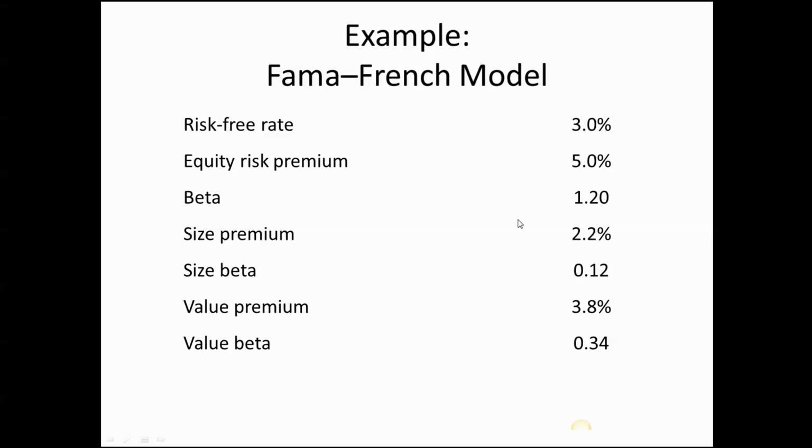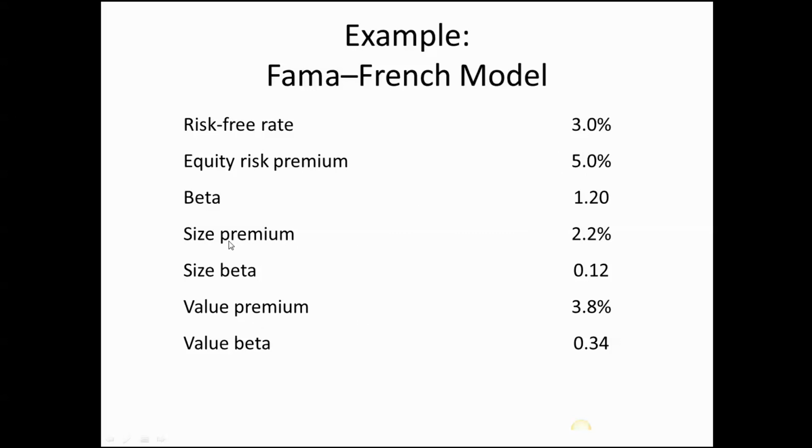The beta in this case would be the beta from the capital asset pricing model. However, we're not going to calculate it the same way again. We're using multivariate regression to include the effects of including the size premium and the value premium in the regression.